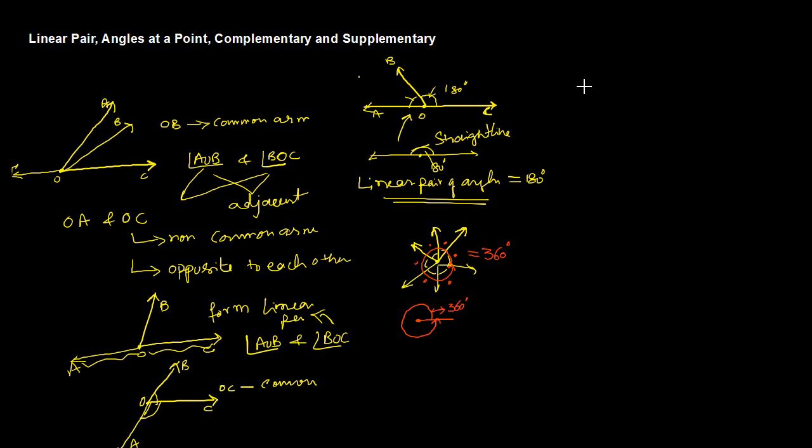Then let's continue with complementary angles. So what is a complementary angle? The sum of measures of two angles is 90.